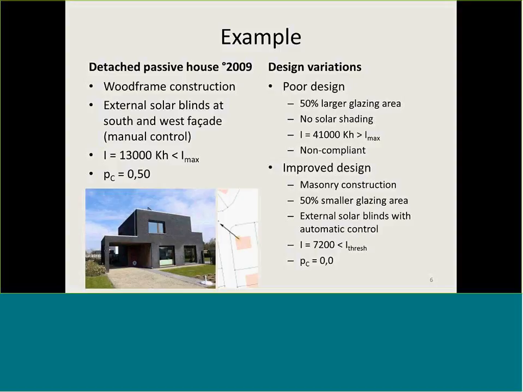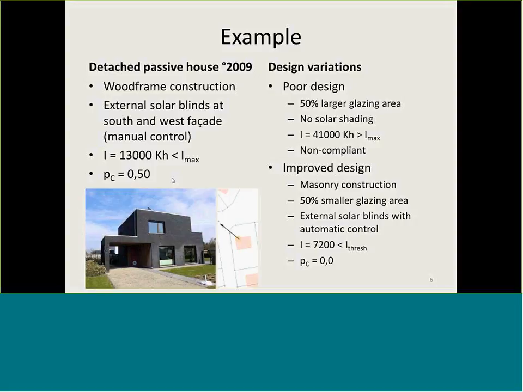The calculation results show that the overheating indicator equals 13,000 Kelvin hours per year. This is a value which is lower than the requirement, which is equal to 17,500 Kelvin hours a year. And the associated probability of installing cooling is 50% here.